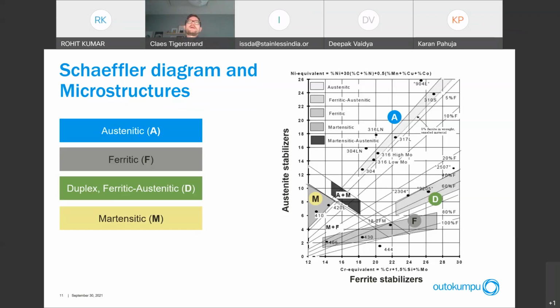And then for the martensitic grade, you mainly have the chrome, but also some austenitic stabilizers there. But most importantly, there you have a higher carbon content.